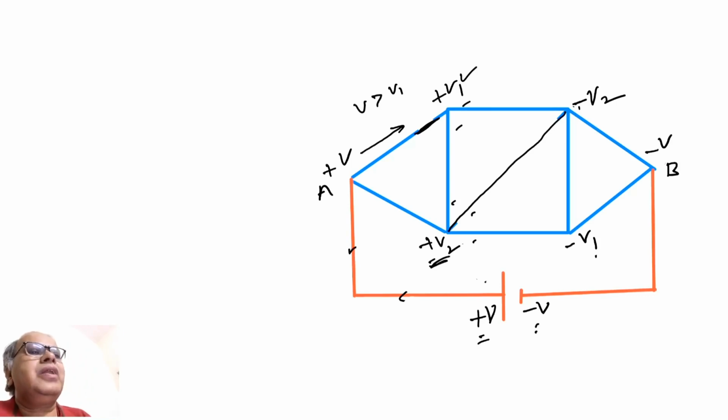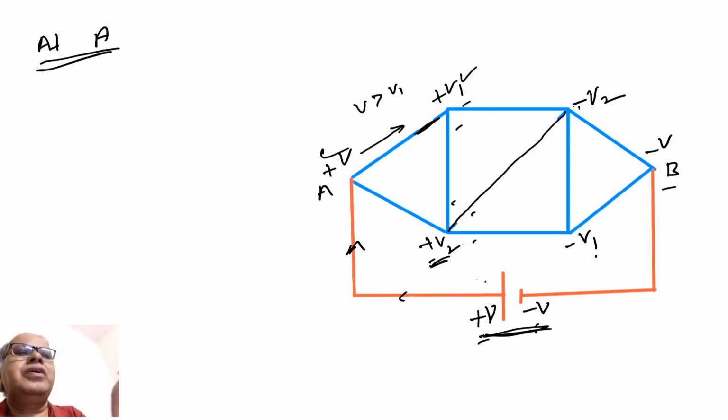Now at A, let us write the junction rule. Current is entering from here, and this is plus V, this is minus V. So the potential difference will be plus V minus of minus V, 2V, isn't it so? By R effective. That means the whole circuit's resistance is considered as R effective. That is the one which is deciding the current which will come out of the plus of the battery, that is I, equals.